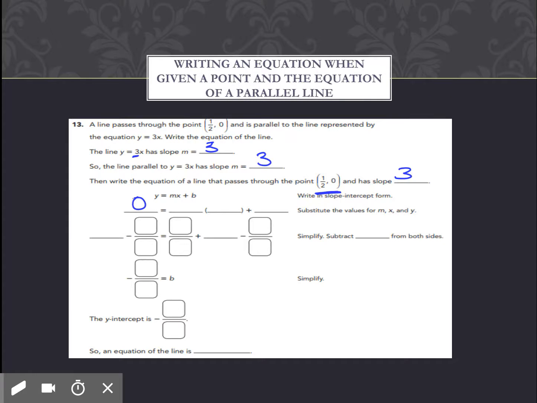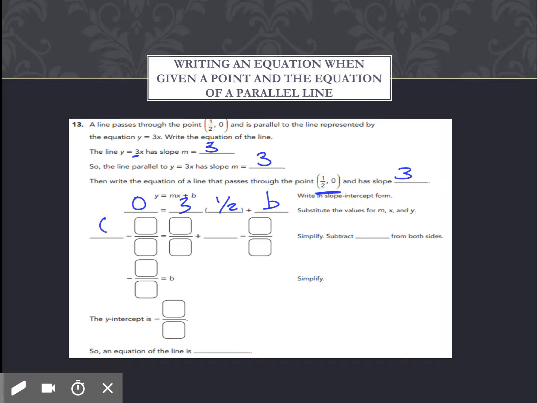So we're just going to plug everything in that we know. 0 equals 3 times 1/2, because that's our x, plus b. So 3 times 1/2 is 3/2.